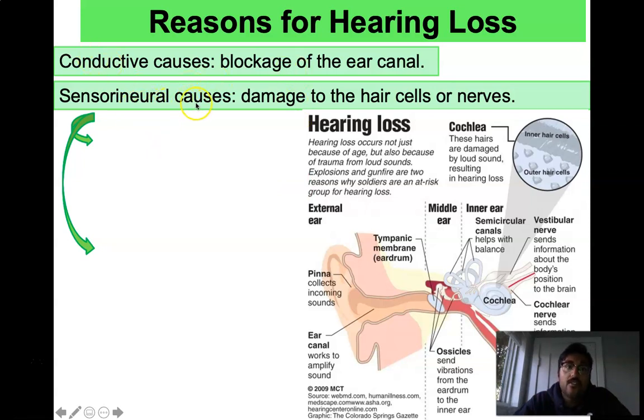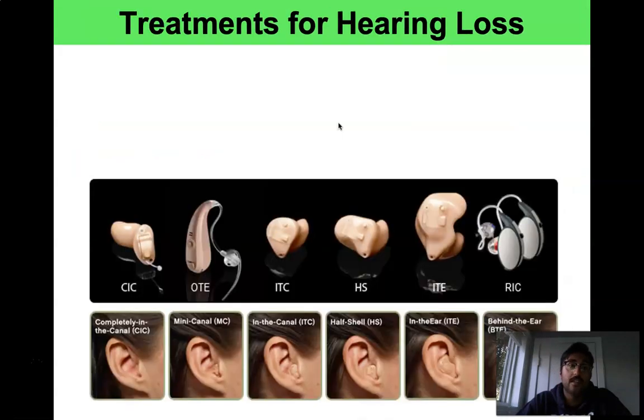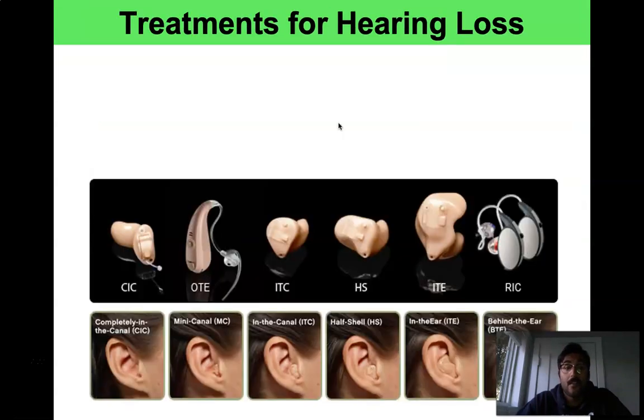There's sensory neural causes, so maybe damage to your hair cells or the nerves that extend from the hair cells to the brain. You can have damage to the hair cells through extended exposure to loud noises. You can have chemicals or drugs that break down the hair cells or the nerve cells in the ear. Excessive use of antibiotics, aspirin, ibuprofen, can all cause potentially damage to your ear.